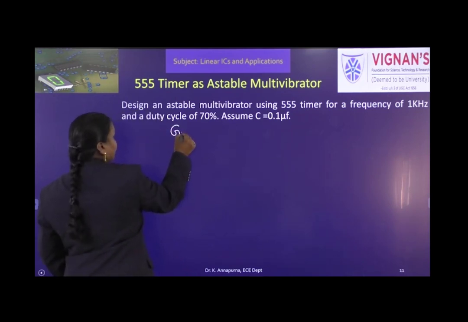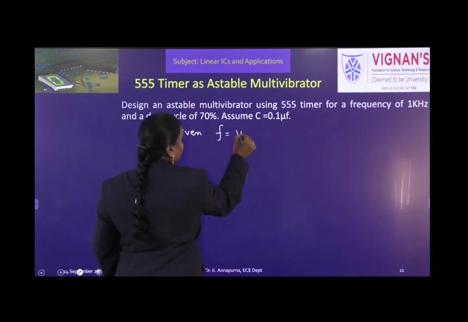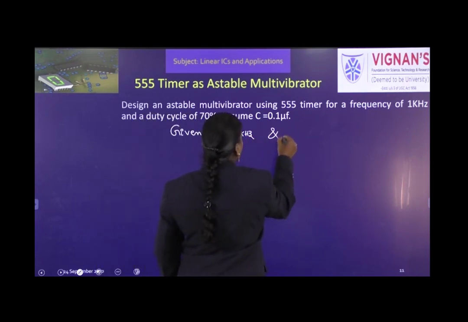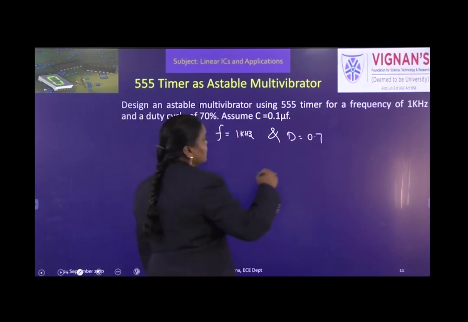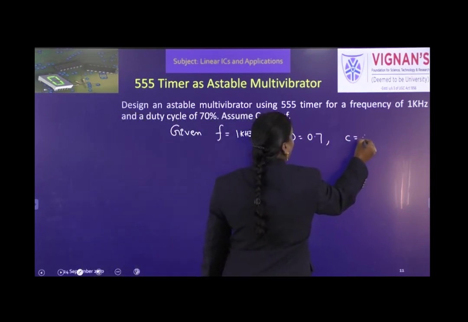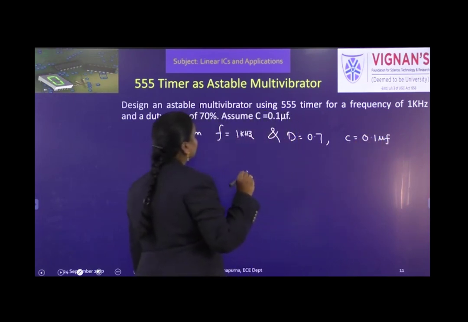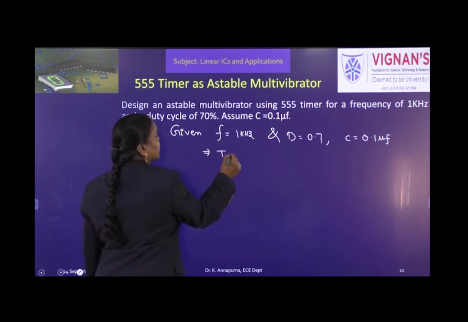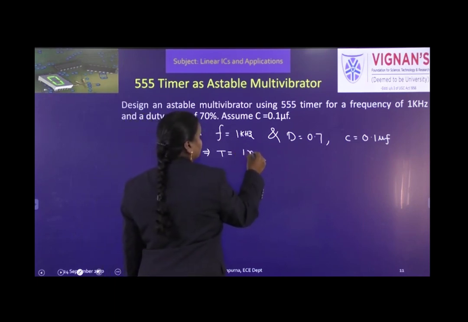So given frequency is 1 kHz and duty cycle is 70%, I can write 0.7, and C is 0.1 microfarads. F is 1 kilohertz, so the total time is 1 by 1 kilohertz, which is 1 millisecond.